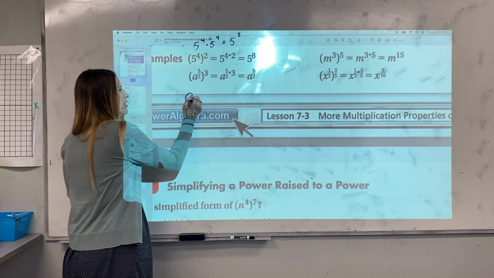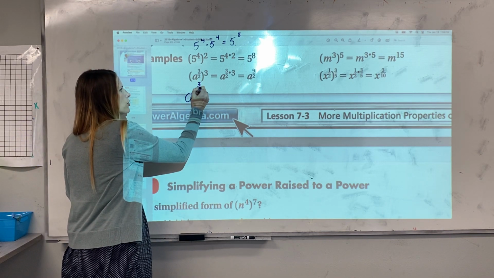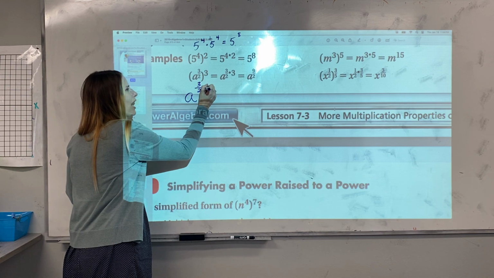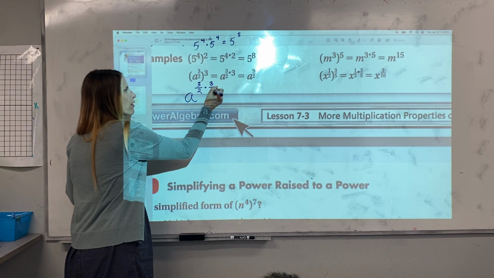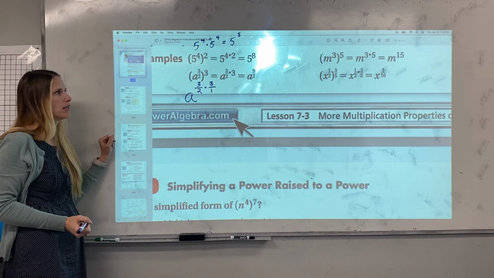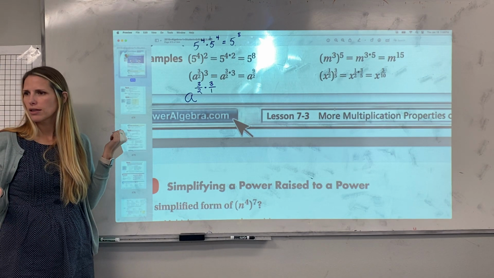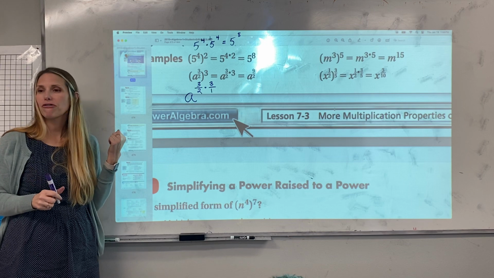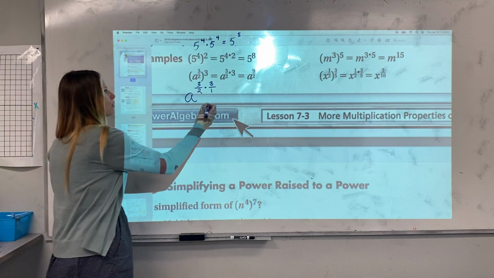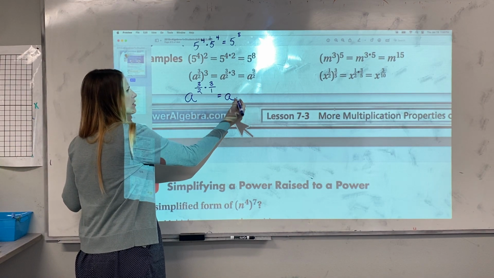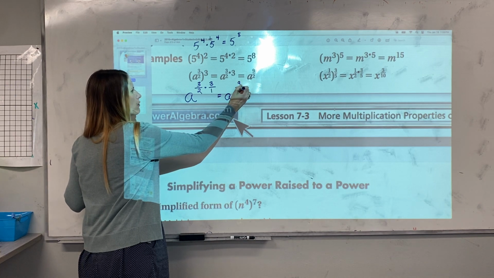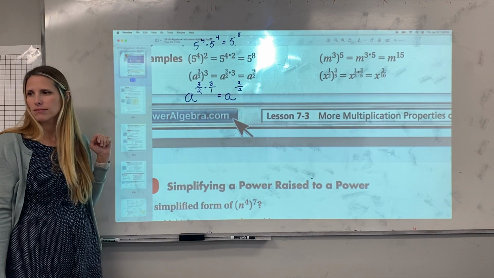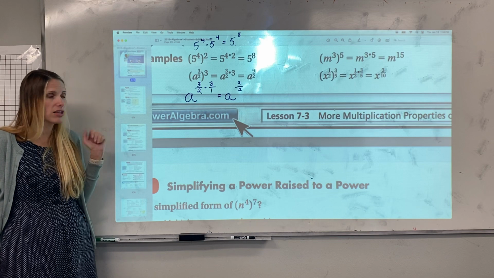So we have a to the 3 over 2 power times 3 over 1. Why did I put my 3 over 1? Because I'm multiplying fractions. So that would be a to the 9 over 2. Am I done? Yeah, that's as far as we can take that guy.